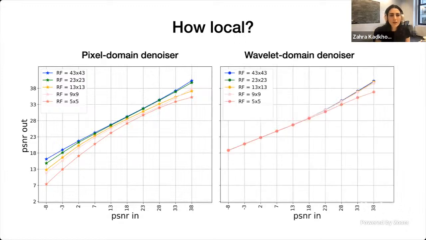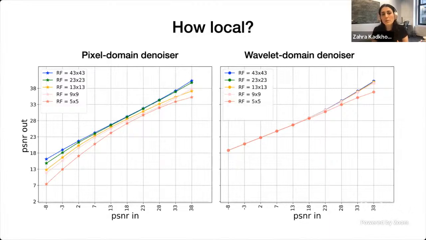All right, so now let's see if our assumption about locality on the details conditioned on low pass holds or not. So now we can train our network with varying training set sizes and varying receptive field sizes in order to see if the performance is affected or not.